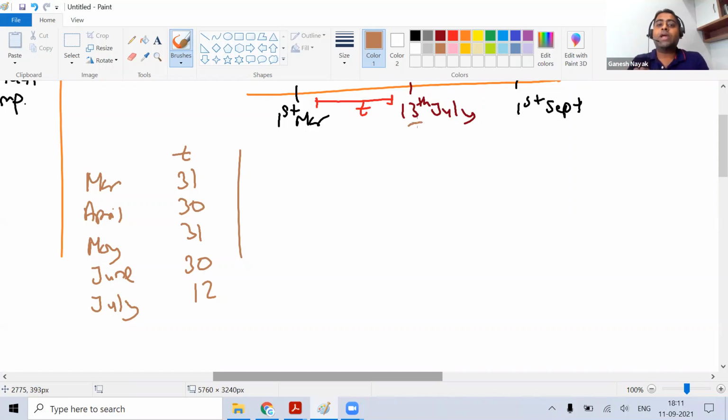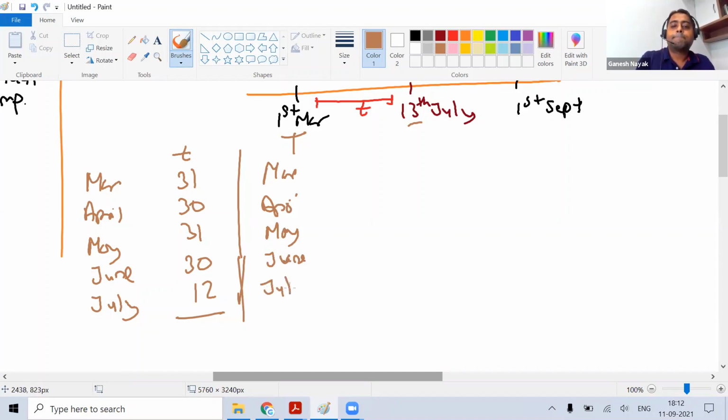When you're starting at 12 a.m. on 13th of July, you cannot count that day. I hope everybody is clear. Give me the addition for this. Come on, guys. It's 134. Perfect.